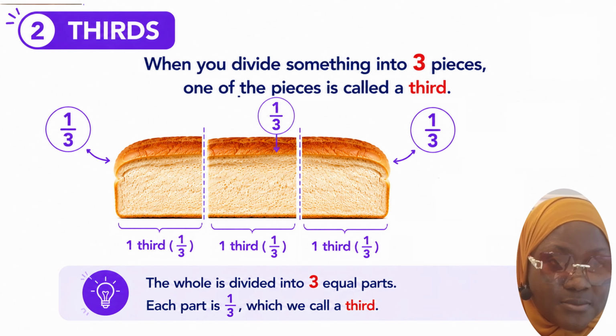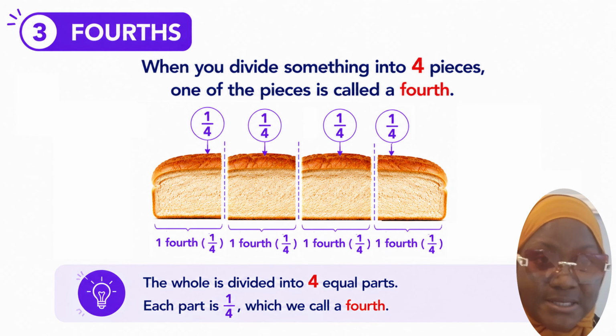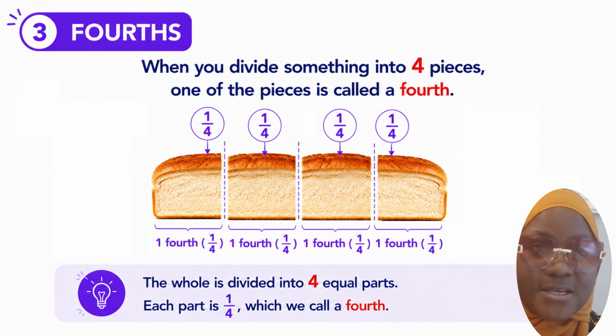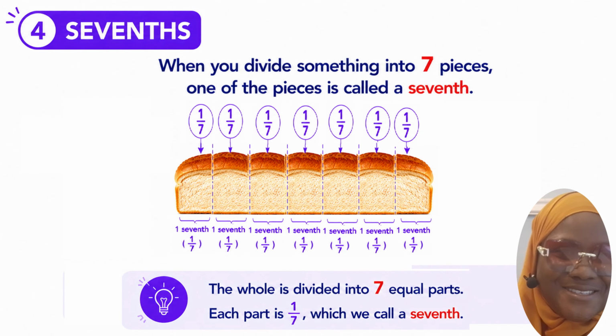A third, as if naming position, as if counting in position. And when you divide something into 4 equal pieces, one piece is called a fourth. When you divide something into 7 equal pieces, one piece is called a seventh.